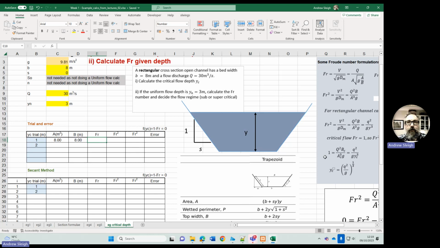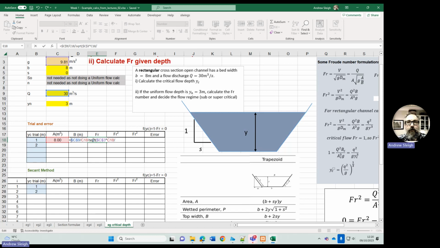Froude number. So what's the formula we're using for Froude number? We're going to use this equation here. So that's equal to Q as a constant divided by the area we've just guessed, and we can say divided by square root. And the first thing here is G, so we've got a gravitational constant, make that a constant, times by the area we just guessed, divided by the width.